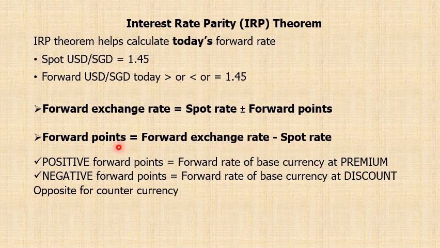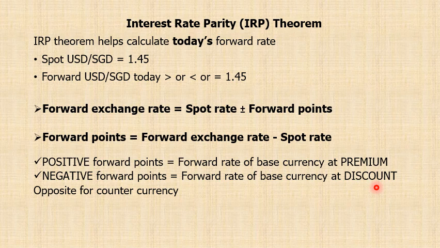When forward points are added to the spot rate, we say that the forward rate is at a premium. This is because when forward points are added to the spot, obviously the forward rate will be more than the spot rate. On the flip side, when the forward points are subtracted from the spot rate, the forward rate is less than the spot rate, or we can say that it is at a discount.